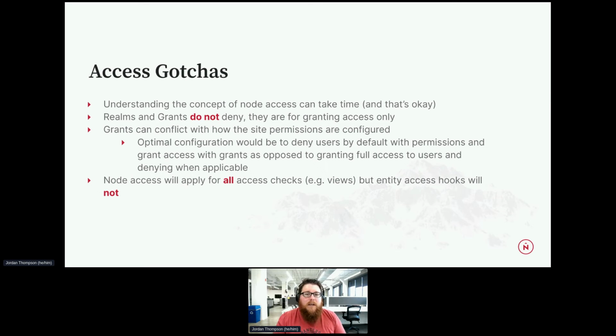For example, you could have a dashboard that shows a listing of nodes, but it's specialized on what a user has access to without having to do any query altering or anything specific or contextual, because the node access will inherently check that. So say I have 50 results, but you only have access to 30 of them. So I'm only going to show you 30. Just an interesting little tip on that.